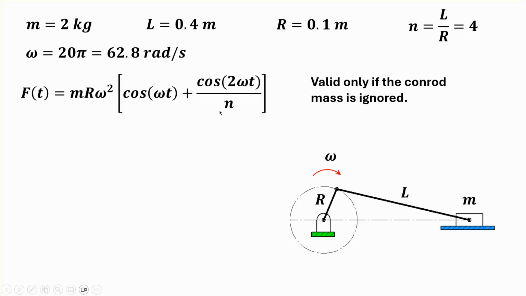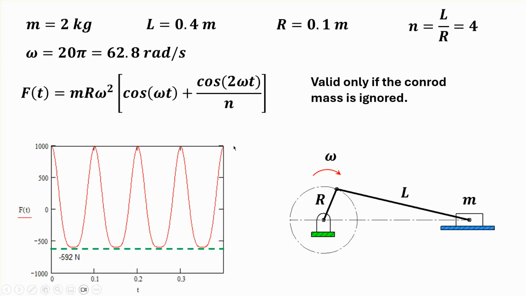And the formula, assuming that the mass of the conrod is ignored, for what is called the force or effective force on the piston, is given by that expression. Okay, these you can find in pretty much any machine dynamics book. And if you plot this for the data that's given here, you're going to get something like that. That force varies between 1,000 Newton and minus 592 Newton.